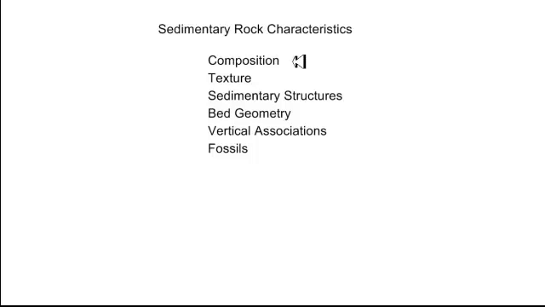So composition refers to the mineral composition of the sedimentary rock. And just to give you an example of how that can sometimes tell the geologist something about the environment where the sediments were deposited, I'd refer to the limestones, which are dominated by calcite mineral in their mineral composition. And most limestones form in a relatively shallow marine setting.